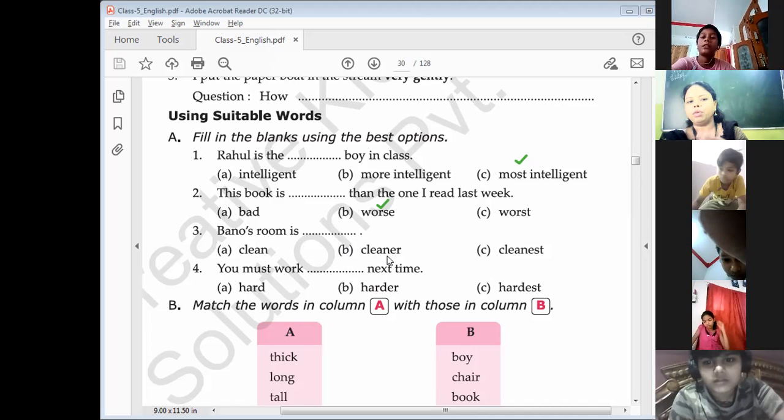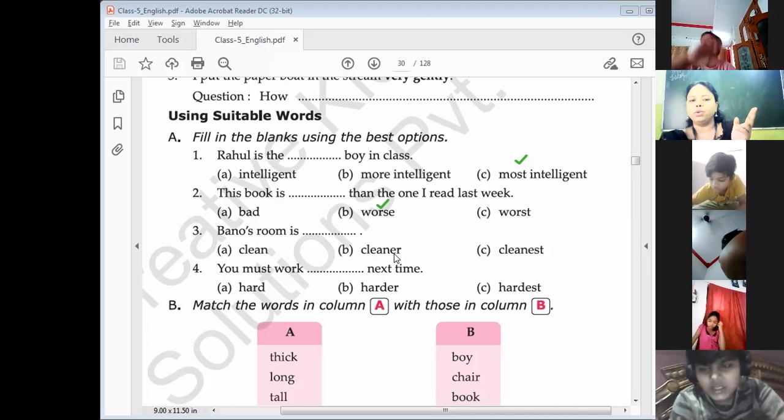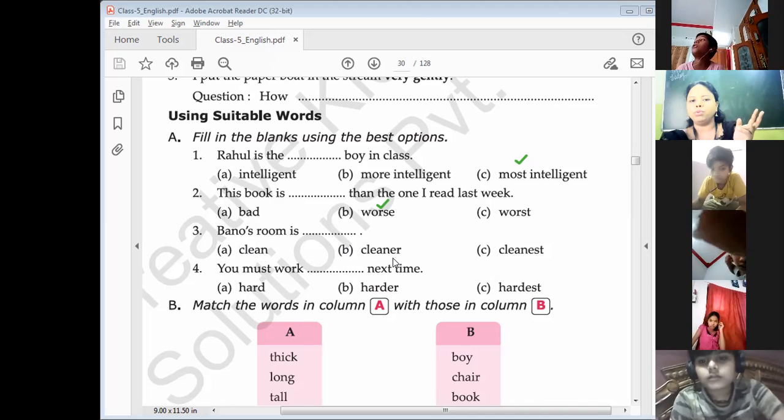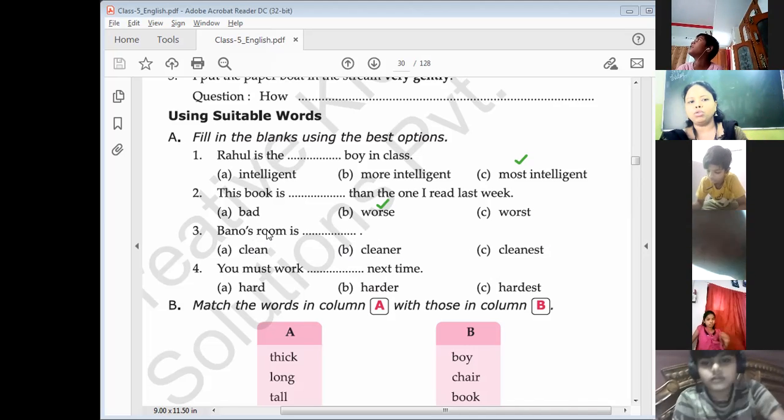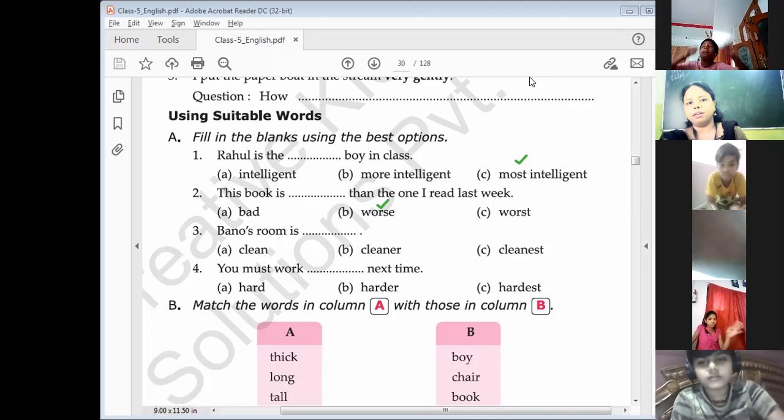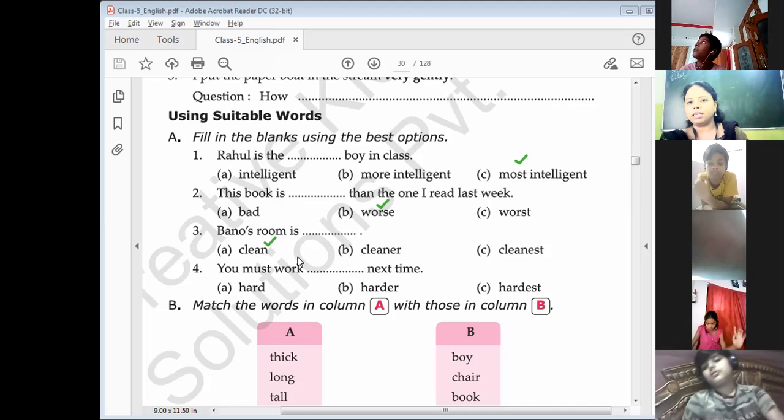When we are comparing between many of the rooms of the house, then we can use cleanest. But this is a normal sentence. Banno's room is clean. Understand? किसी में compare नहीं हो रहा है ये एक normal sentence है. That's why यहाँ पे सिर्फ clean होगा, not cleanest. Arab, your answer is wrong.